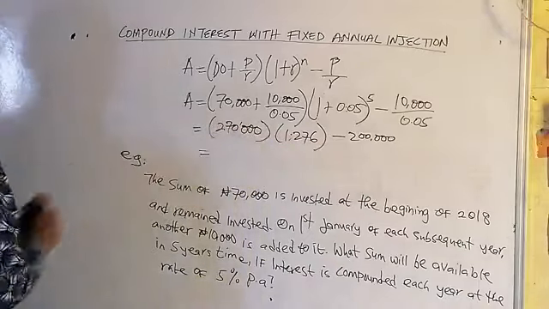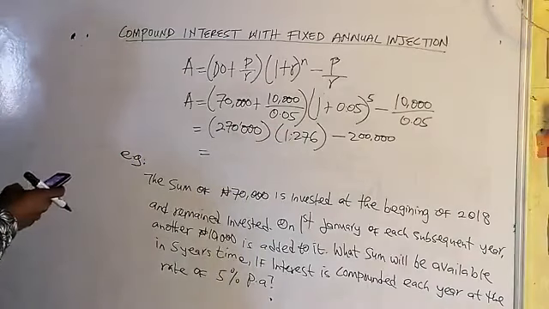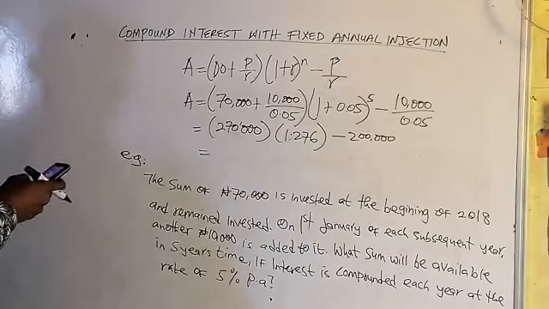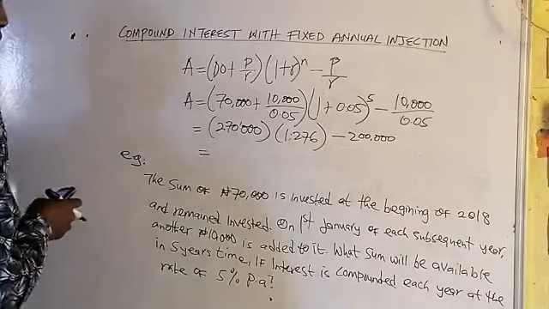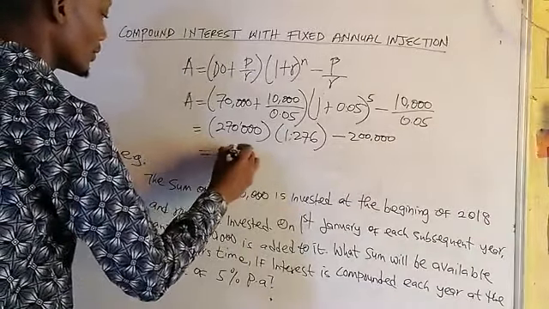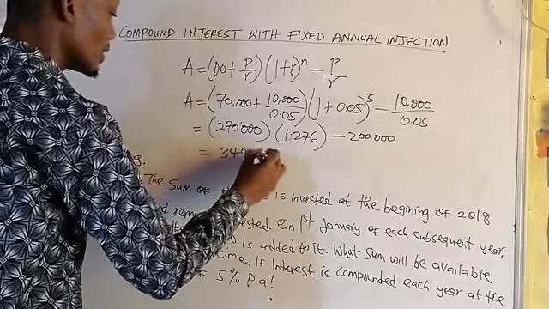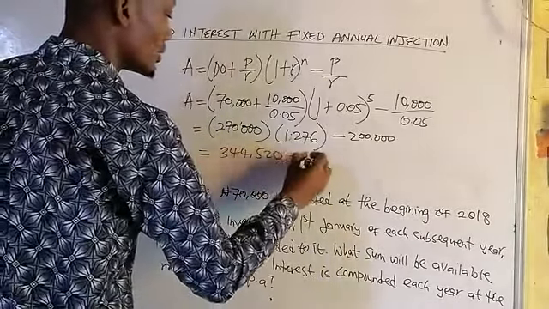So you give us what? 270,000 multiplied by 1.276. We have 344,520. 344,520 minus 200,000.